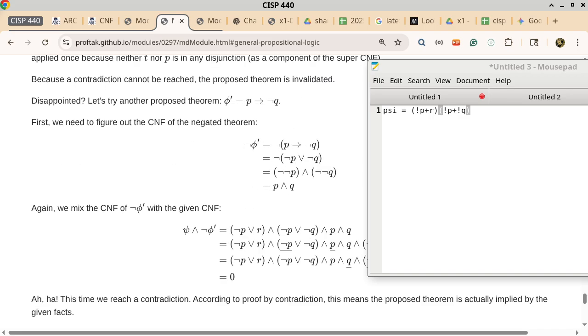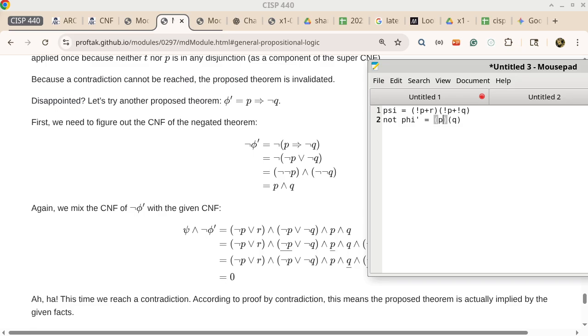This is phi prime, which is our second example. So the negation of phi prime is P and Q. You can write P and Q like this with the extra parentheses, so that when we make a concatenation of all four, it is clear that P is a disjunctive term by itself, and Q is also a disjunctive term by itself.